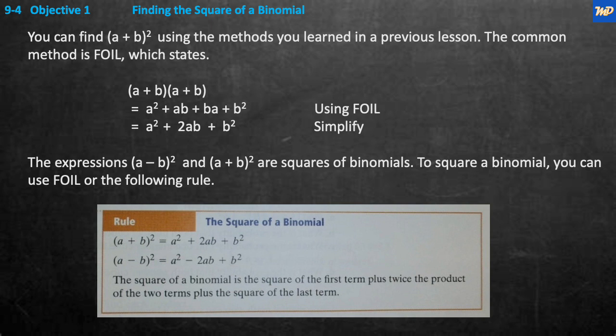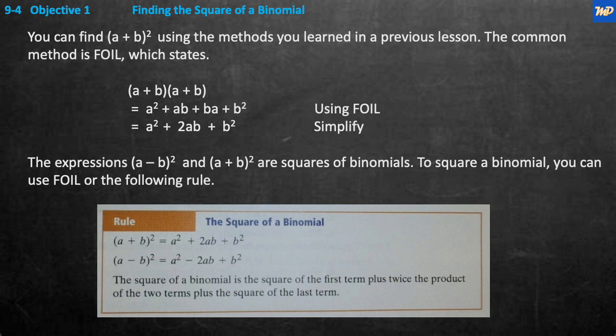Okay, so the expressions a minus b squared and a plus b squared, those binomials, are squares of binomials. To square a binomial, you can use FOIL or the following rule, and the rule is in this box here.